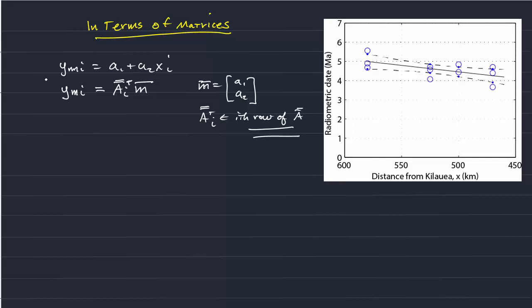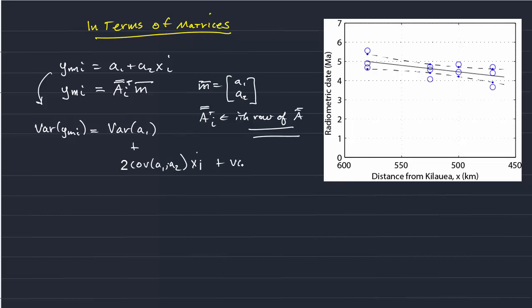And using our top equation to define our variance, the variance of ymi is equal to the variance of A1. Before we used the solutions for A1 and A2, but here we're actually using A1 and A2 to define the variance. And because A1 and A2 are not independent, we have to take the covariance of A1 and A2, and we have to multiply that by xi.